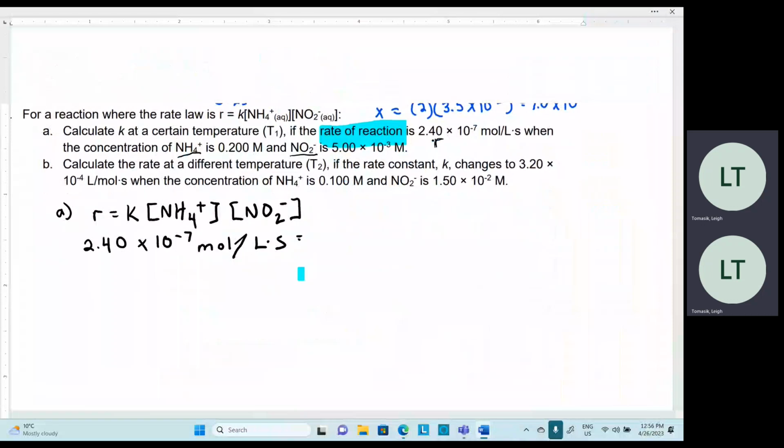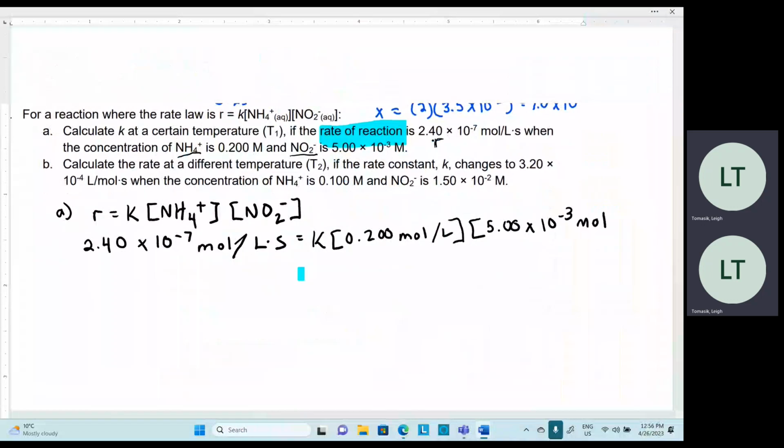And that's equal to K times 0.200 mole per liter, and times 5.00 times 10 to the negative 3 moles per liter.